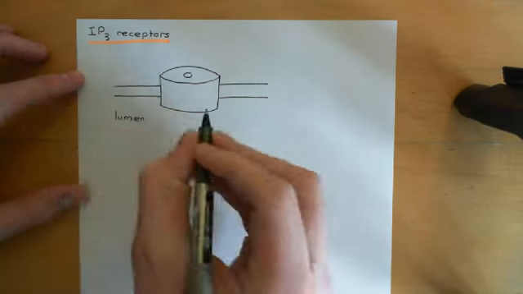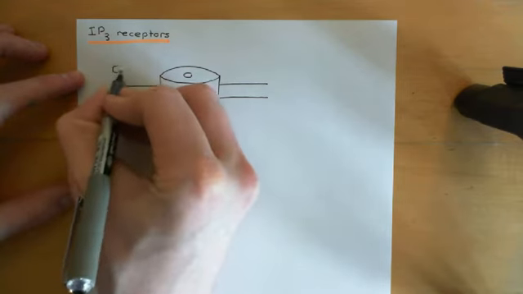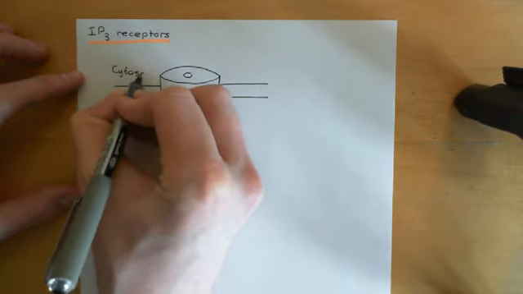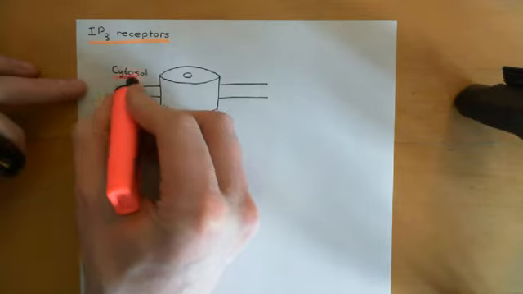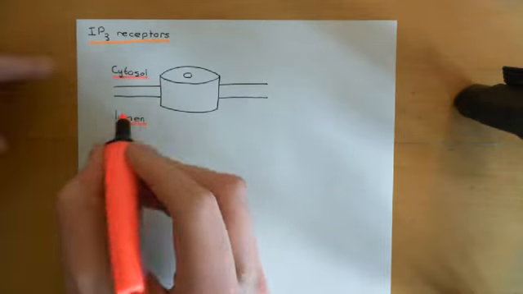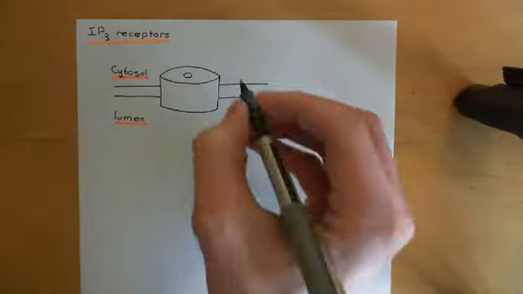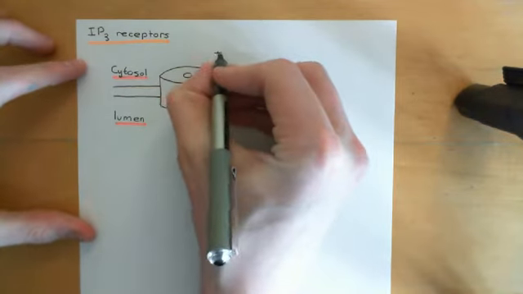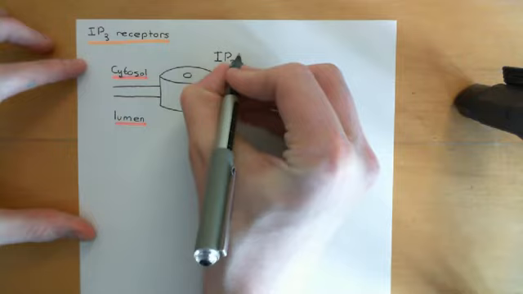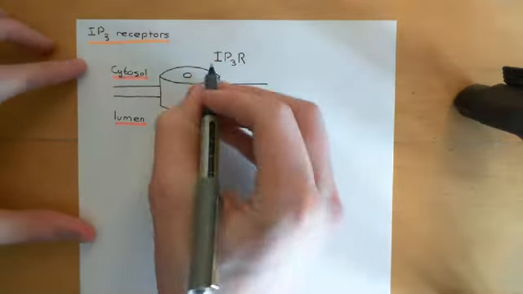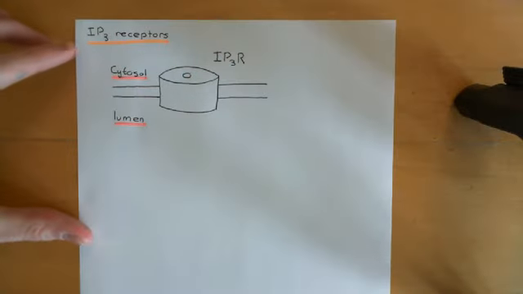We'll say this is the luminal side, and this is the cytoplasmic side of this membrane. Let's put a little bit of colour onto the picture. The abbreviation that people often use for an IP3 receptor is IP3 and then capital R. So this is our IP3 receptor here.